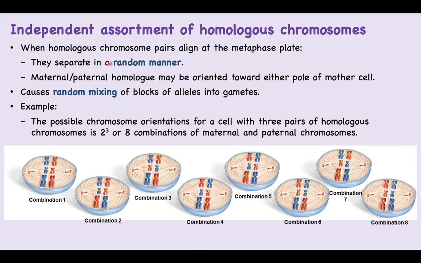So when homologous chromosome pairs align at the metaphase plate, okay, bila homologous chromosome, you tahu dia metaphase 1. Okay. Metaphase 1. So they separate in a random manner. They are independent, very random manner. Okay. This causes random mixing of blocks of alleles into gametes.